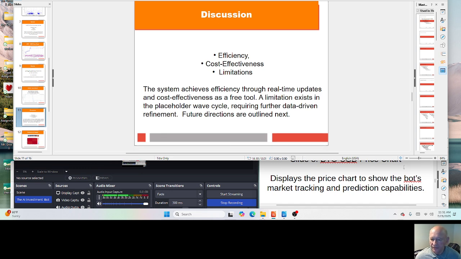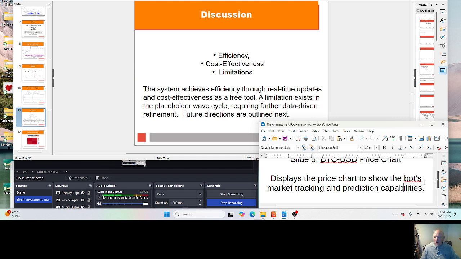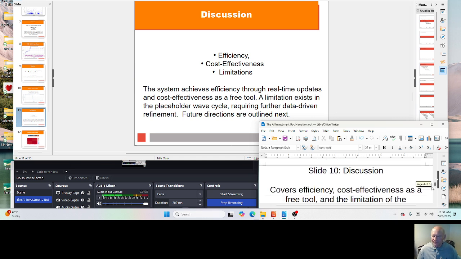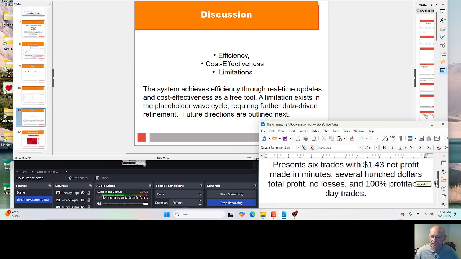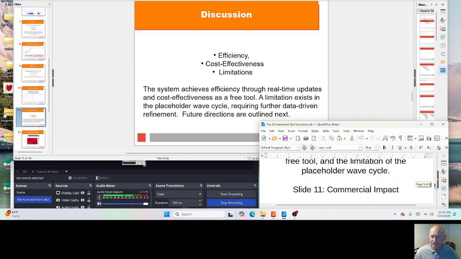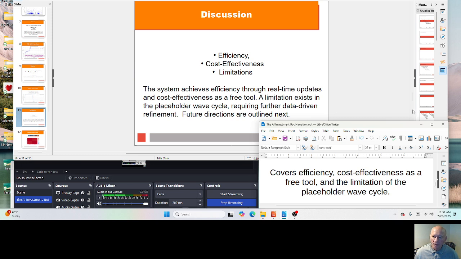Okay, here we go. Discussion. Covers efficiency, cost effectiveness as a free tool, and the limitation of the placeholder wave cycle. It's the limitation for traditional investment methods.